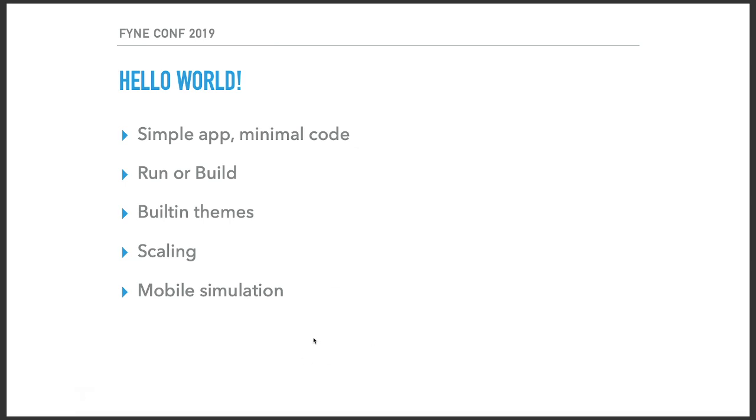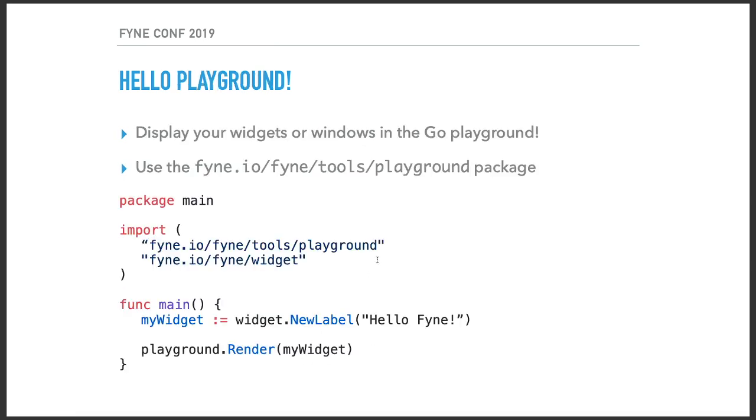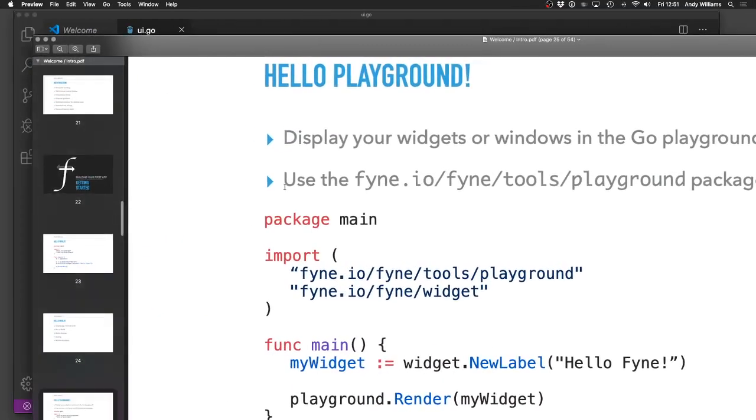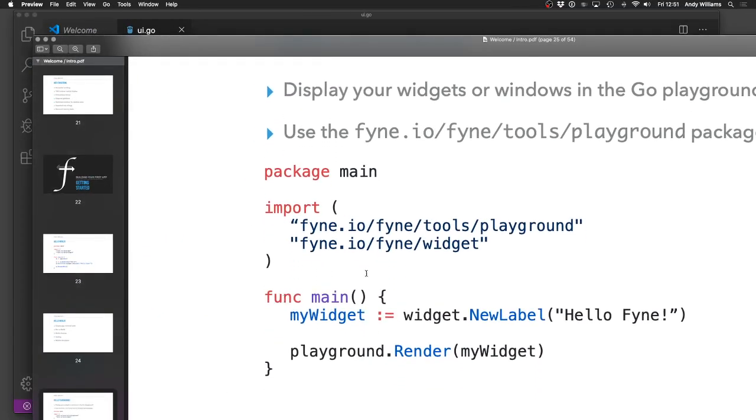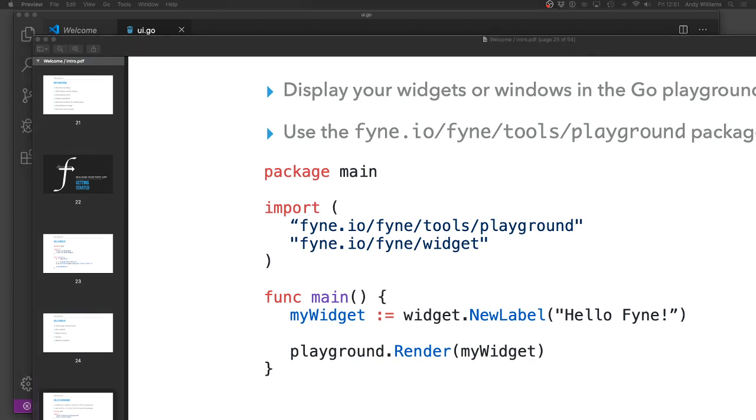Now, let us move on, and we could see this working in the playground. We can largely use the same code again, but we do need this playground tool to be able to show the content.